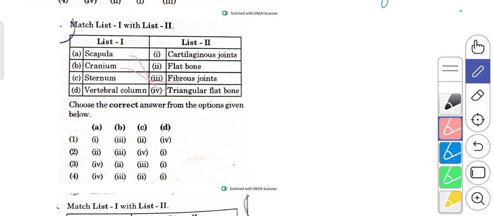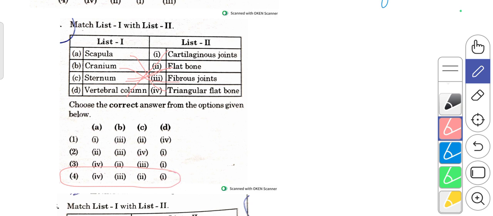Then what about the sternum? The sternum is commonly called a flat bone. This one will be the second one. Then vertebral column, where the vertebrae are interconnected with one another by cartilaginous joints. So the correct answer for this one is the fourth one.